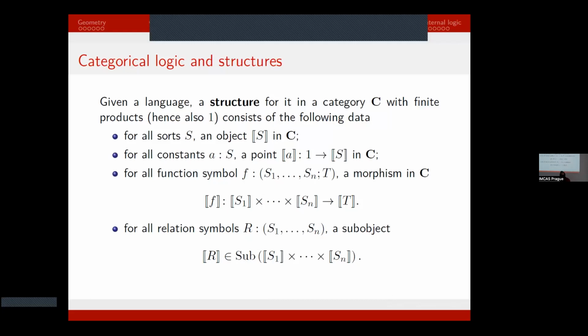Then every function symbol will be interpreted as a morphism from the product of the interpretation of sorts to the interpretation of the final sort. And then for every relation symbol, we interpret this as a sub-object of the product of the interpretation of its sorts.